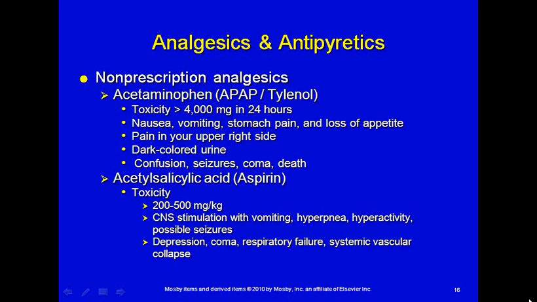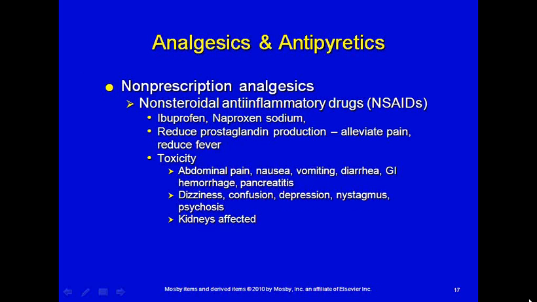Later it develops into respiratory depression, coma, respiratory failure, and systemic vascular collapse. Also, what's interesting to note, and it's not included here, one of the early signs of an aspirin overdose is fever, and you would think that that would be just the opposite.